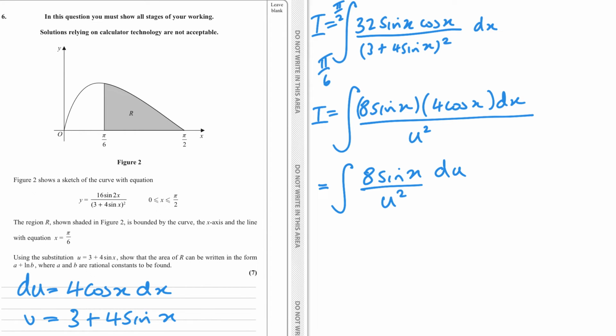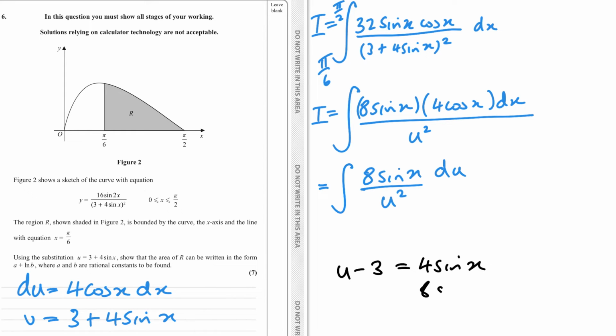Now obviously we need to sort out this sine x, and we can get that from this here. So I'll do this in black just on the side underneath so you can see, but if I start off with rearranging it, so take away the 3, I get 4 sine x.